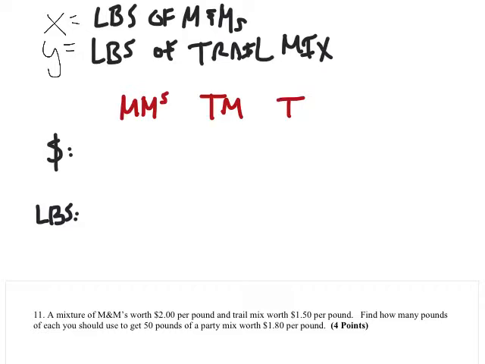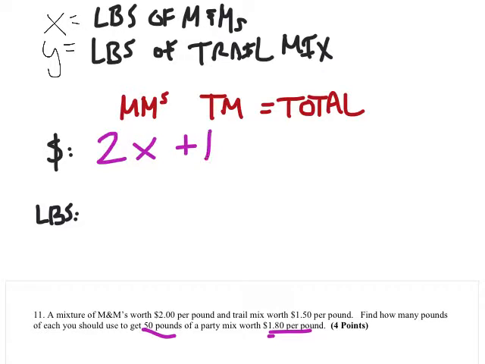And that should give us some total amount, both in terms of dollars and pounds, because it gave us that information down here. Well, for M&Ms, it's $2 per pound of M&Ms. We'll add that to $1.50 per pound of trail mix, which is our Y.